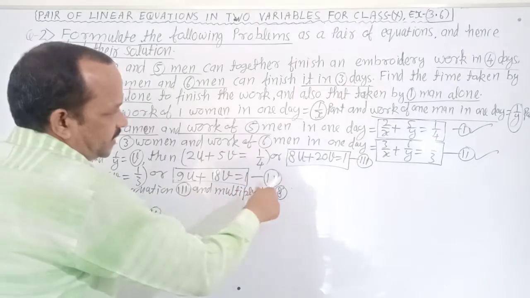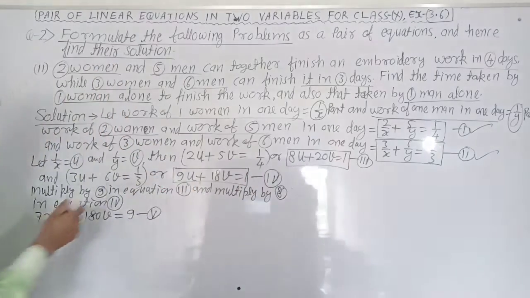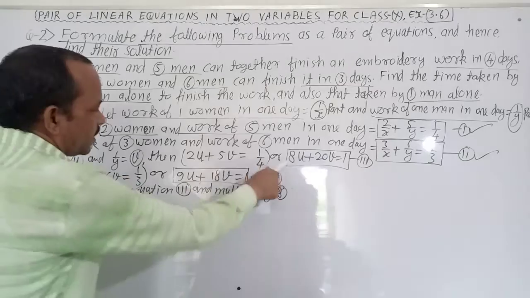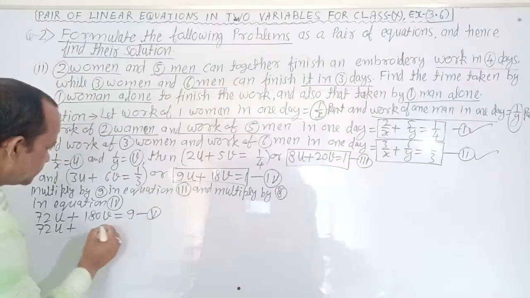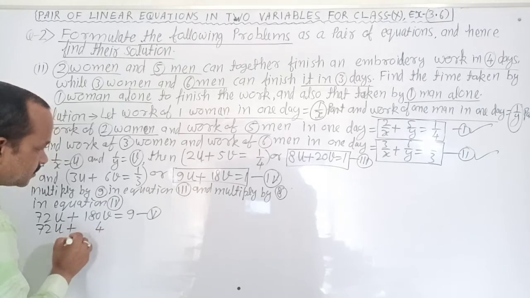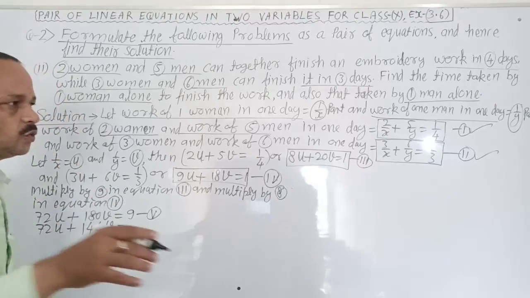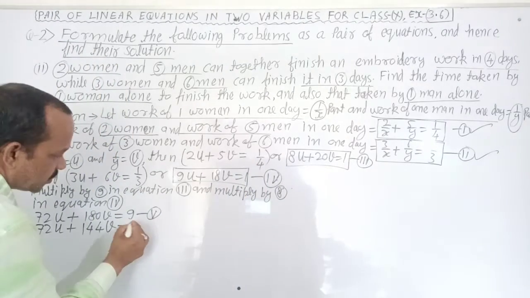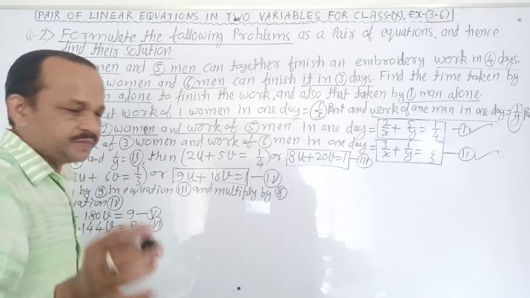Now multiply by 8 in equation 4. 8 9s are 72u plus 8 multiply 18, 144v equal to 8 multiply 1 equal to 8. It is equation 6. Clear?